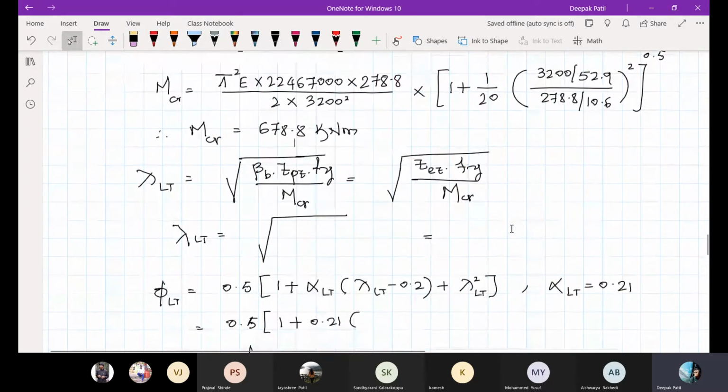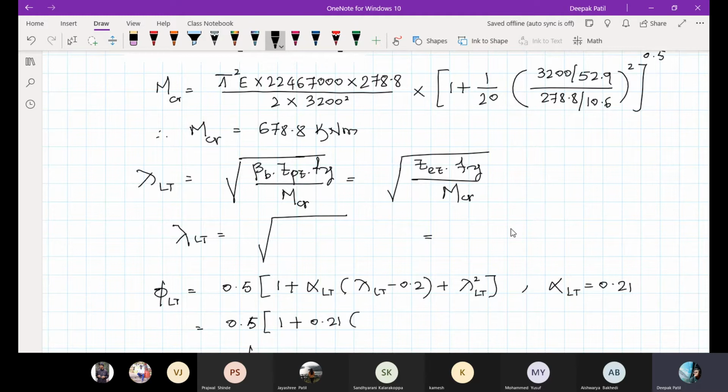So once you know elastic critical moment, you can calculate lambda LT, which is beta B ZP Fy divided by MCR. But since once again beta B is ZE divided by ZP, that ZP will go. So you will be left with elastic section modulus along major axis times Fy divided by MCR.